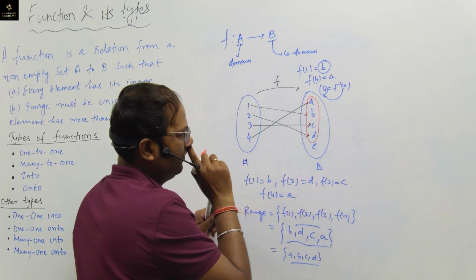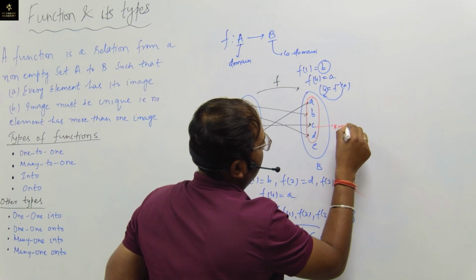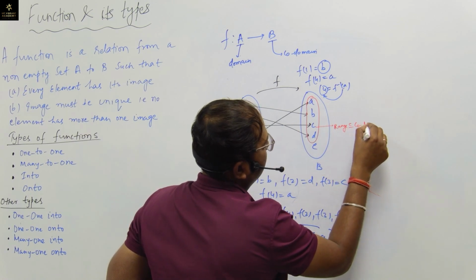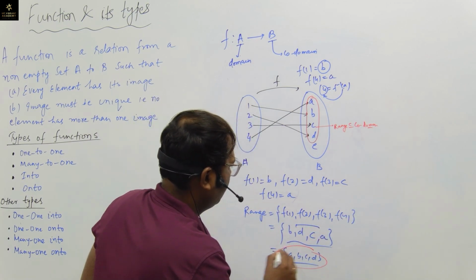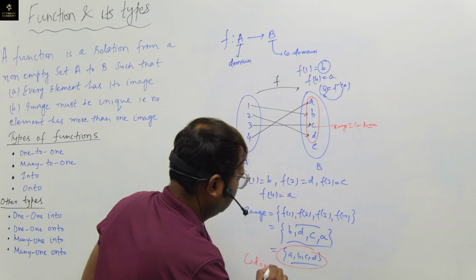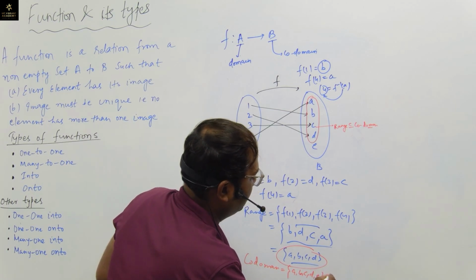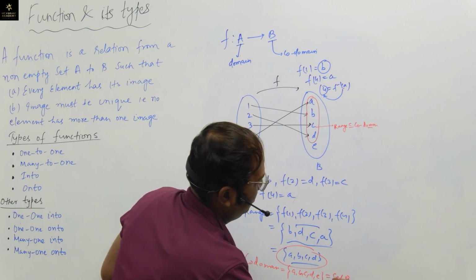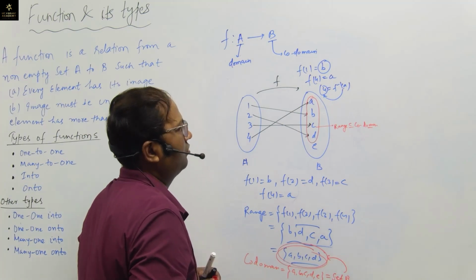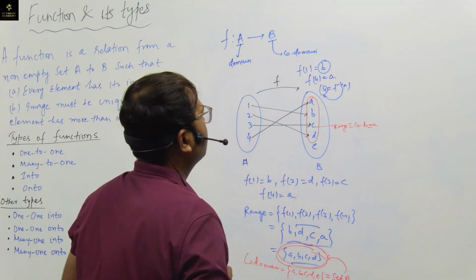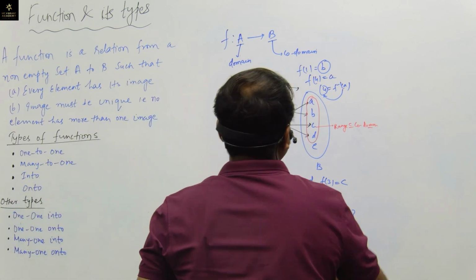From here we can state that the range is a subset of the codomain, because range is a, b, c, d and codomain is the set a, b, c, d and e, that is the complete set B. So the range is a subset of the codomain.